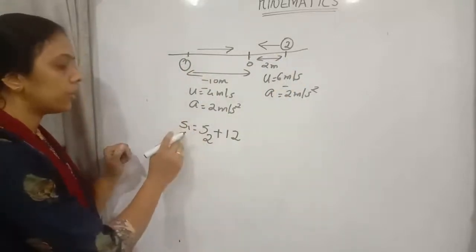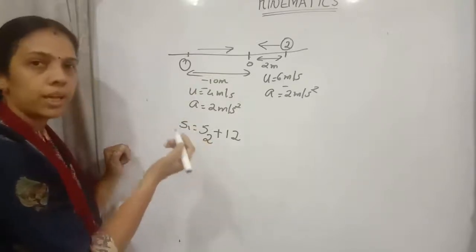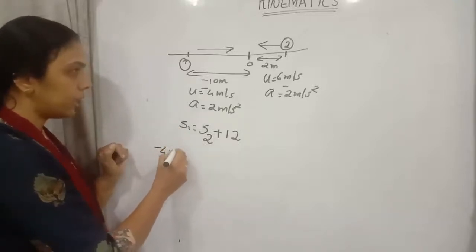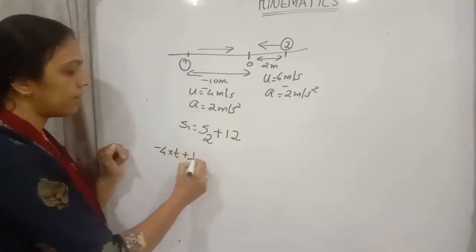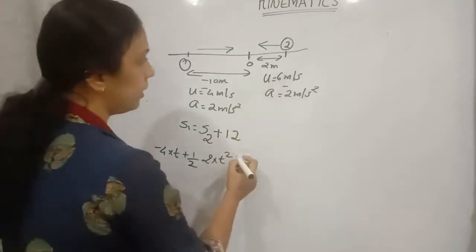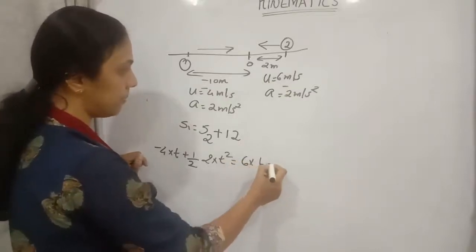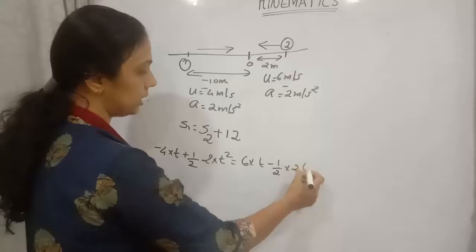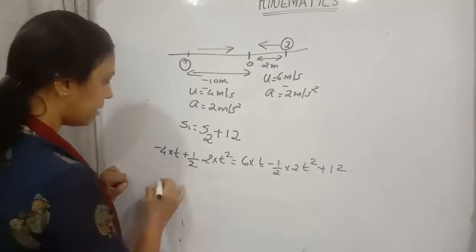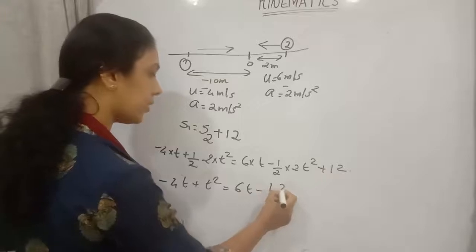So now we are going to find out the distance traveled by the first particle. How can we find it out? S is equal to ut plus half at square. Therefore, ut is minus 4 into t, plus half a t square, that is equal to the distance traveled by the second one: 6t minus half into 2 t square, plus 12. When we solve, we get minus 4t plus t square equals 6t minus t square plus 12.